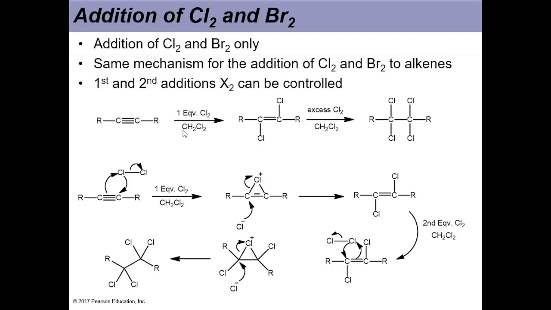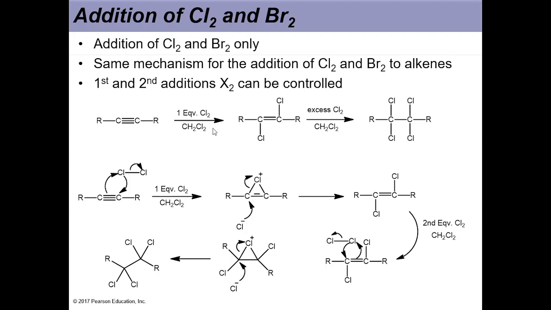Now, this is only when you have only one equivalent of Cl2. If you have an excess of Cl2, or 2 or more equivalents of Cl2, then this resulting double bond will continue to react with a second Cl2 through the exact same mechanism, adding a second Cl to each carbon, which will result in an alkane chain with 2 chlorides on each carbon, for a total addition of 4 chlorides.